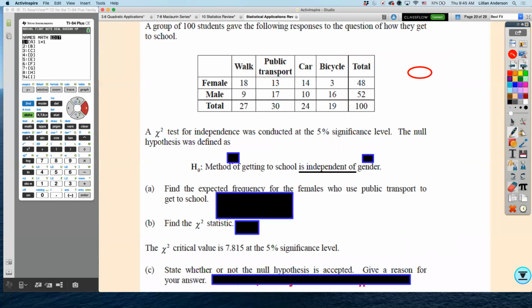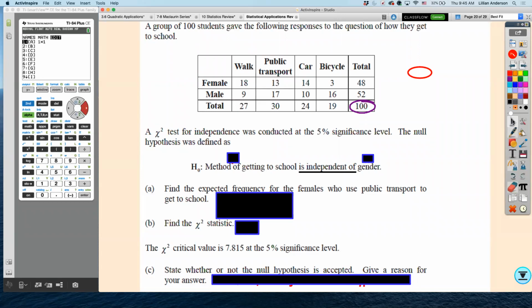So let's take a look at this example here. A group of 100 students gave the following responses to the question of how they get to school. You got males and females, and then their method of getting to school: walk, public transportation, car, or bike. In total, you got 100 results. A chi-square test for independence is conducted at a 5% significance level.